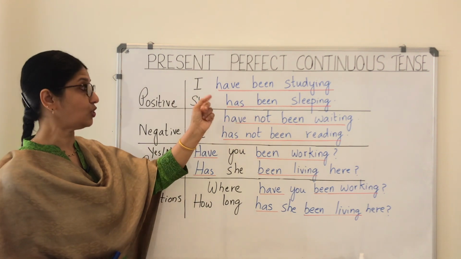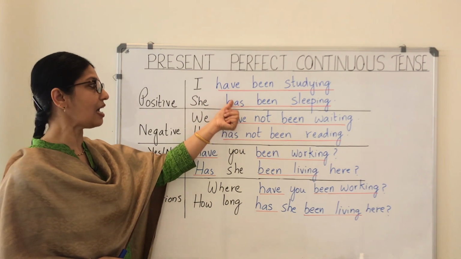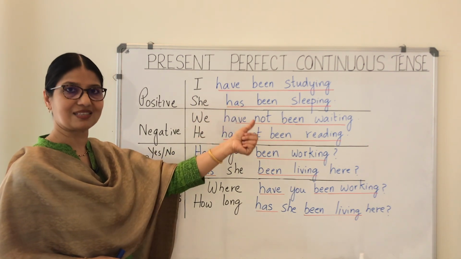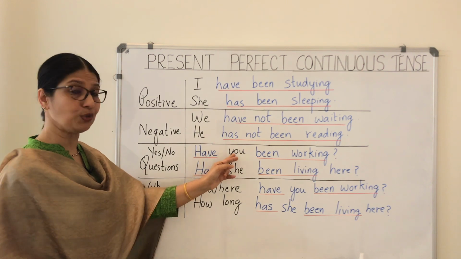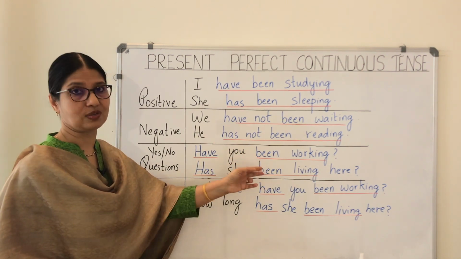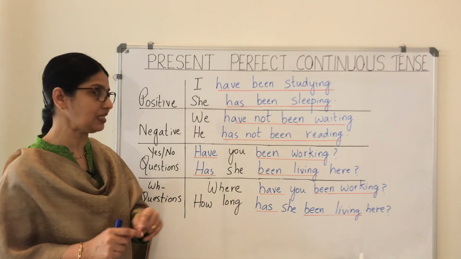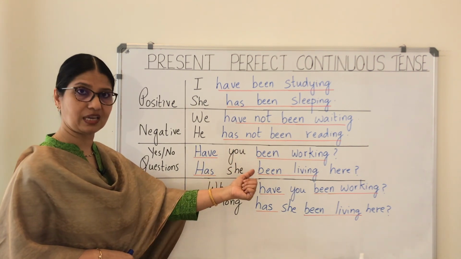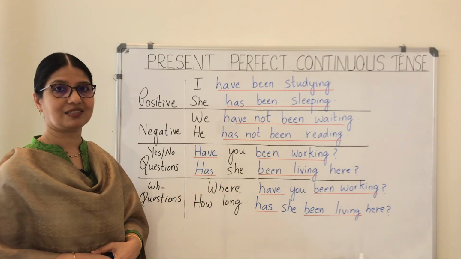So here you have she has been sleeping, that becomes has she been sleeping. So that's what I've written here. Have you been working? So the sentence was you have been working. I exchanged the words. So have you been working? Here, has she been living here?